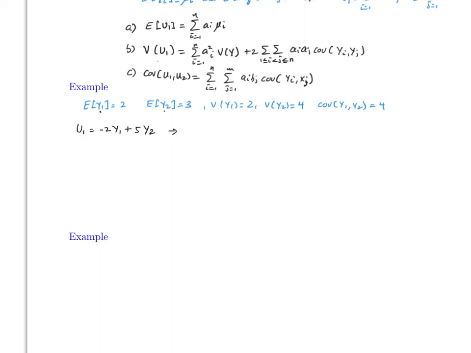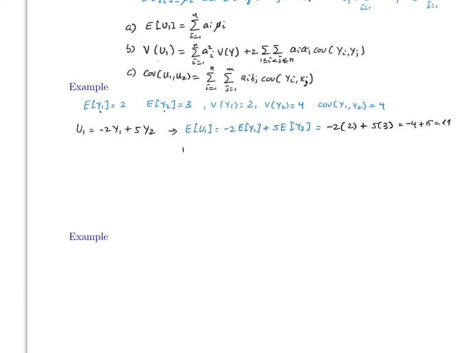Then the expected value of U1 is minus 2 times the expected value of y1, plus 5 times the expected value of y2, which is minus 2 times 2 plus 5 times 3. So this is minus 4 plus 15, which is 11.